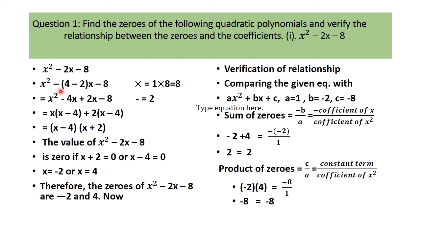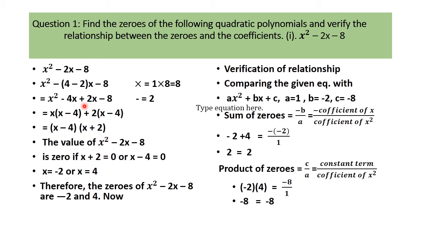Now we will open the brackets: x square minus 4x plus 2x minus 8. Now we will take common from the first two terms. Here common is x, and we are left with x minus 4.